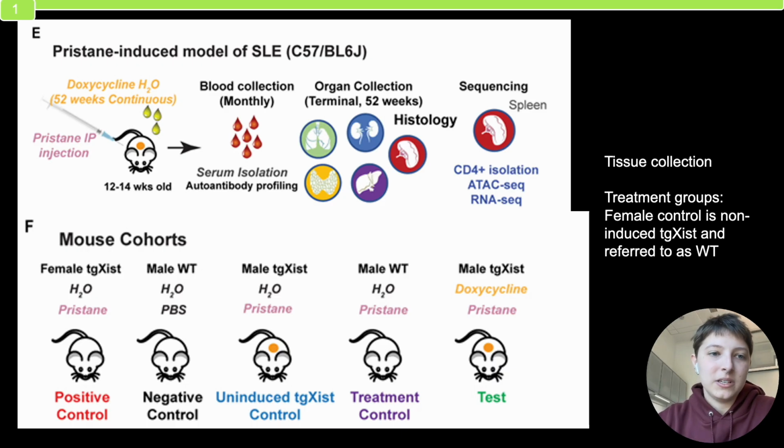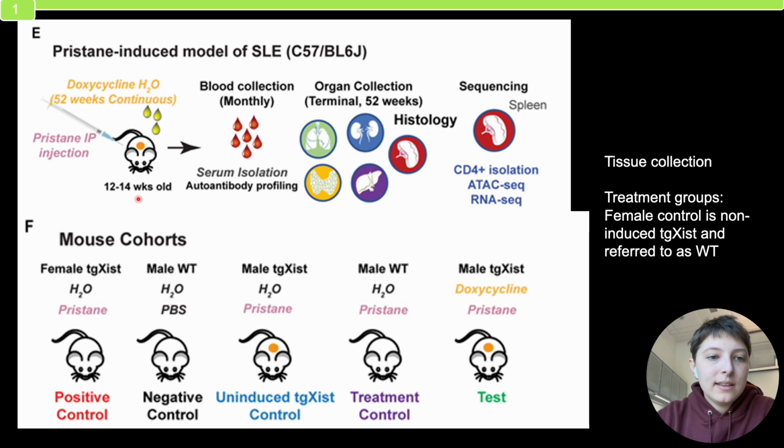Okay, and then the last part of this figure, this part is by far the hardest to get through in figure 2. After that, it should be pretty easy to comprehend. So here in E, they're just showing the setup of how they harvested the organs. They treat the mice with dox, and pristane is a drug that induces autoimmune disease, so it just makes them more susceptible to autoimmune disease.